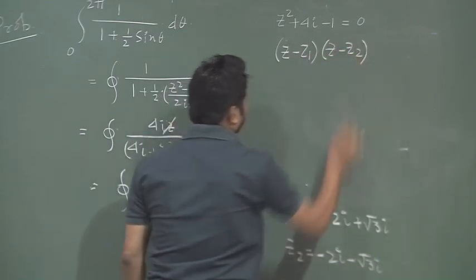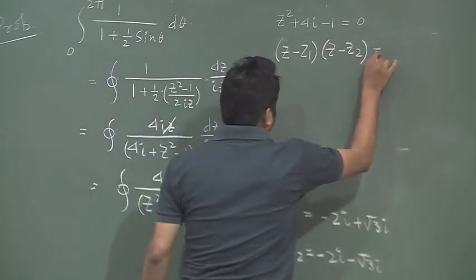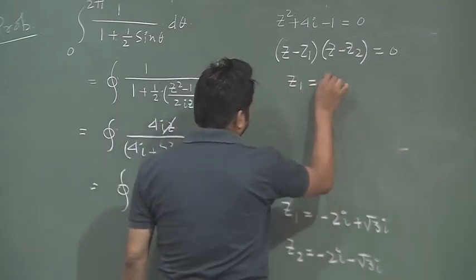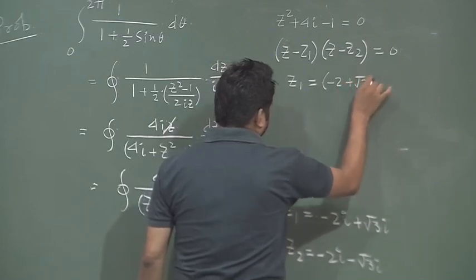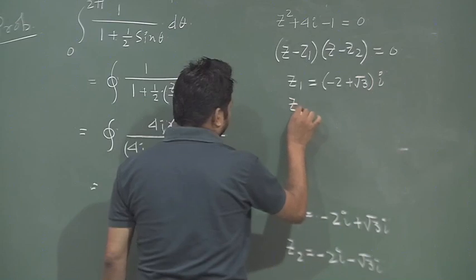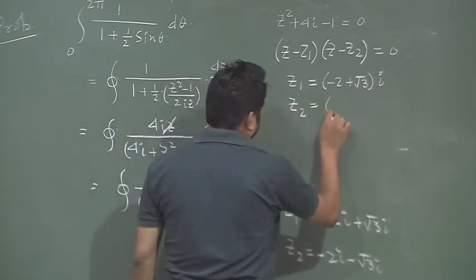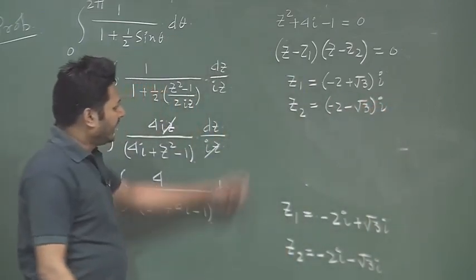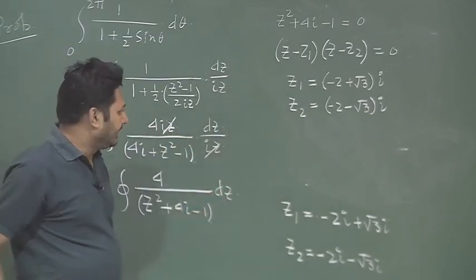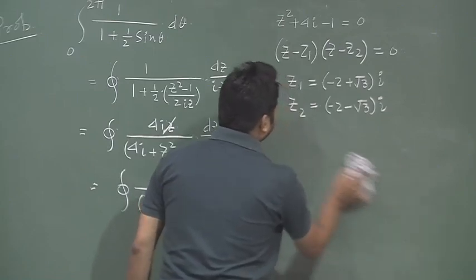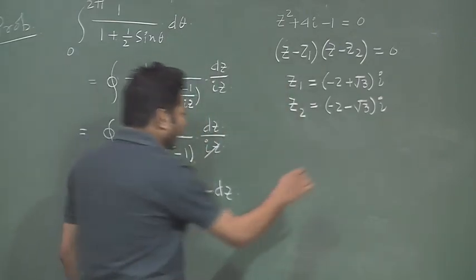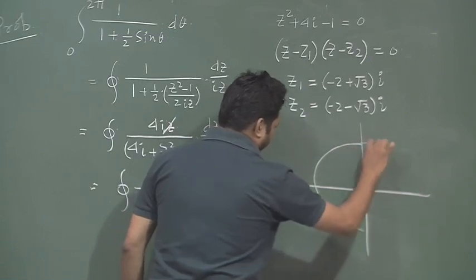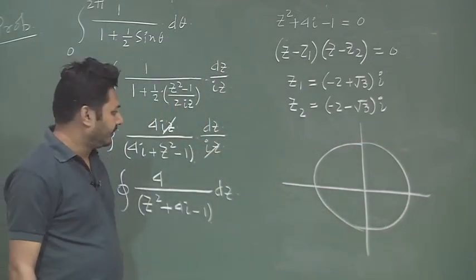So, that I precisely know at which point the singularity arises, when it is equal to 0. z1 is calculated to be minus of 2 plus root 3 I, and z2 is minus of 2 minus of root 3 I. So, we have 2 points where the singularity arises, and we need to find out which of these 2 points are inside the circle, because my contour is here. This is the contour I have, the unit circle.